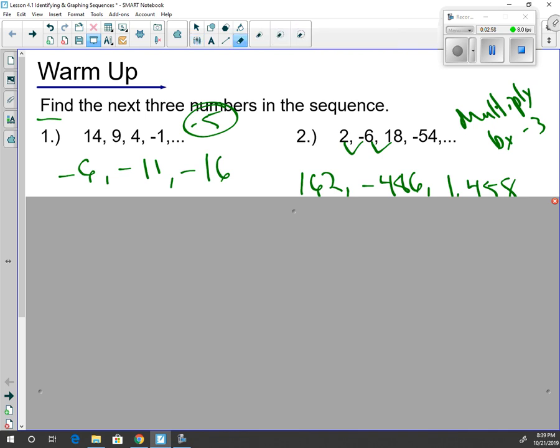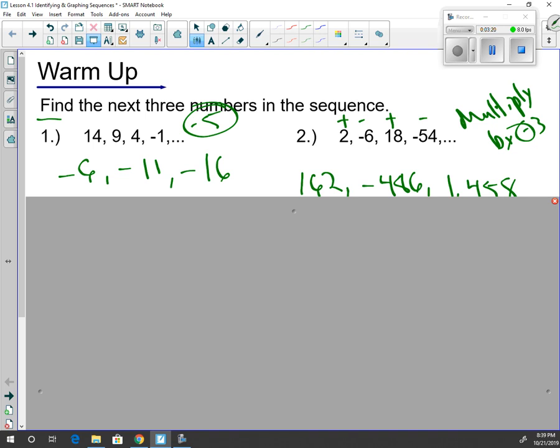Also, this is positive, that's negative, that's positive, and that's negative. So how are we able to get a pattern that we're continuously doing something to, adding, subtracting, multiplying, dividing, so that we get this positive, negative value? Well, in order to do that, we're either going to multiply or divide by a negative.